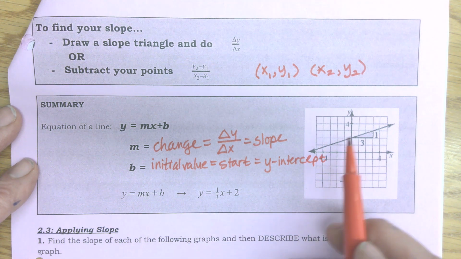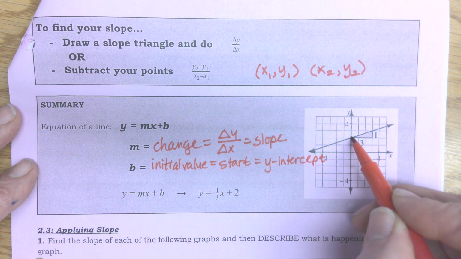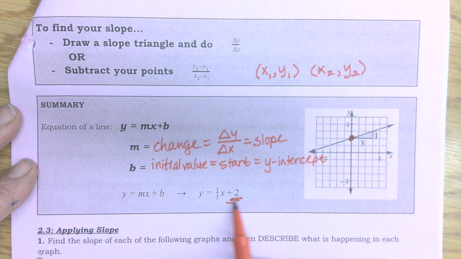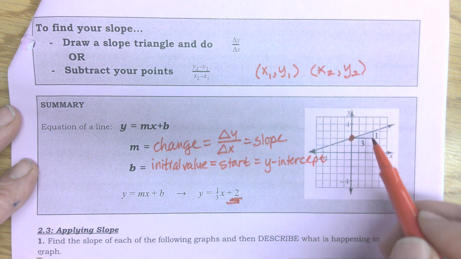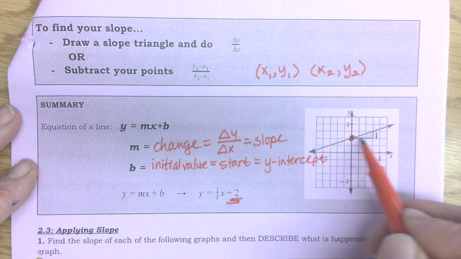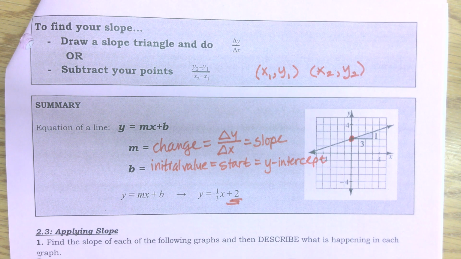Looking at this particular graph, it crosses at 2. That's why they have a 2 at the end. And then my slope triangle is change in y, 1, change in x, 3. That's why they have 1 over 3 here. We're going to be doing a lot of that when we work today.